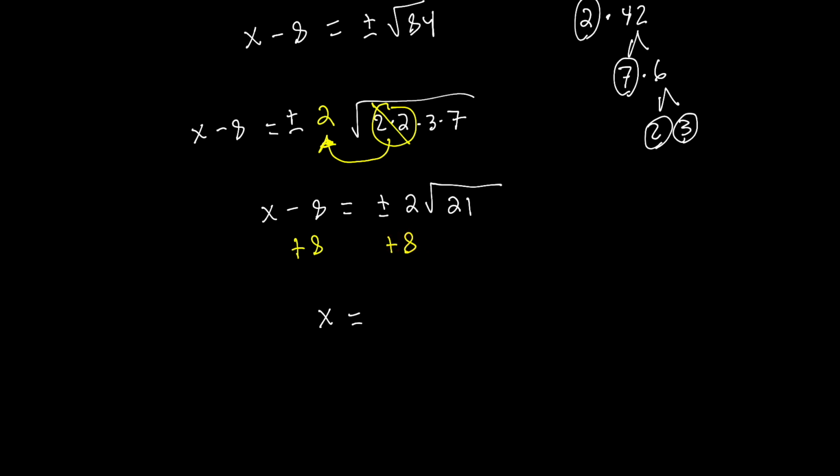Since it's a positive 8, we can just record it as 8, followed by the plus or minus 2 root 21. This is the exact form, so we are not going to approximate with a decimal here. This is your final answer.